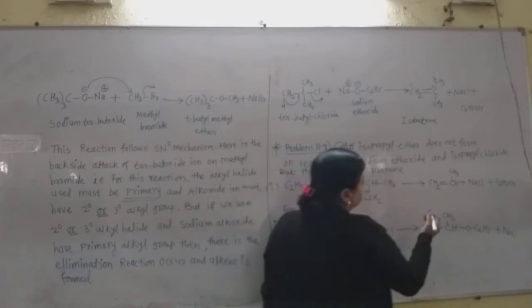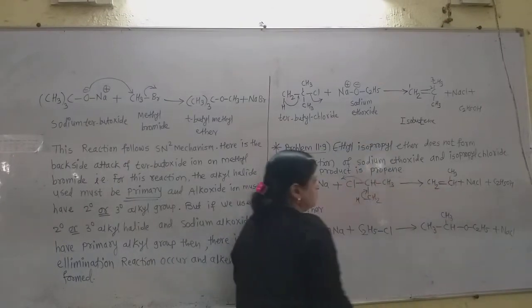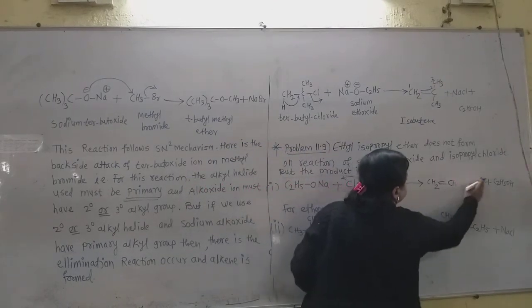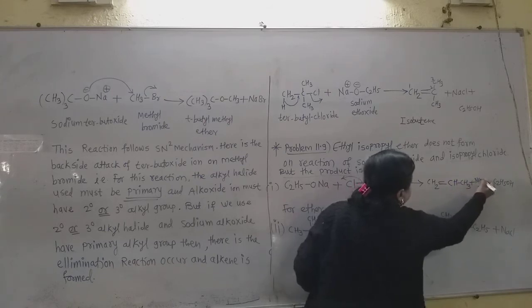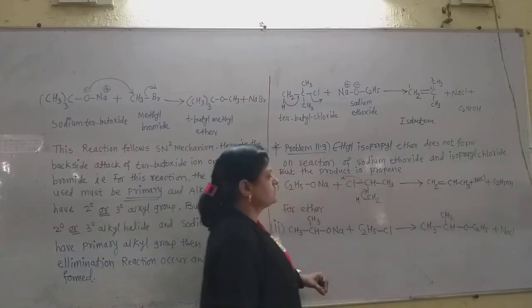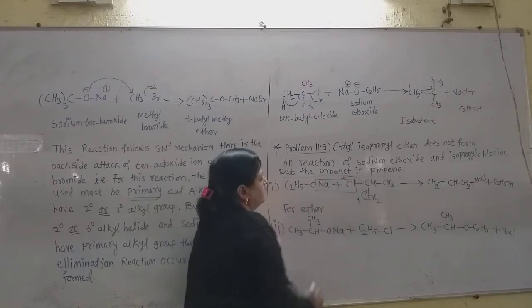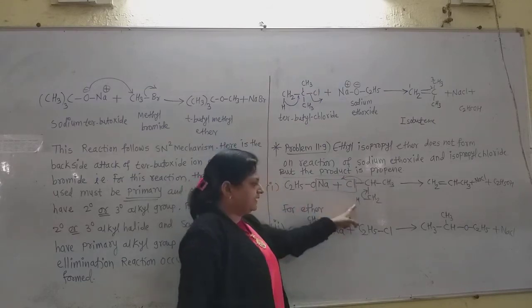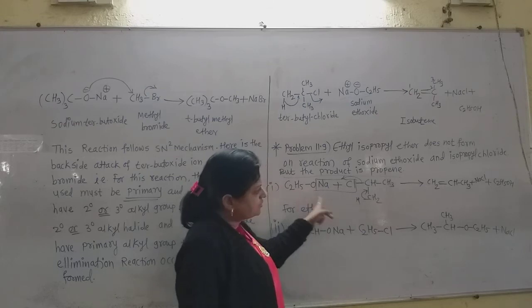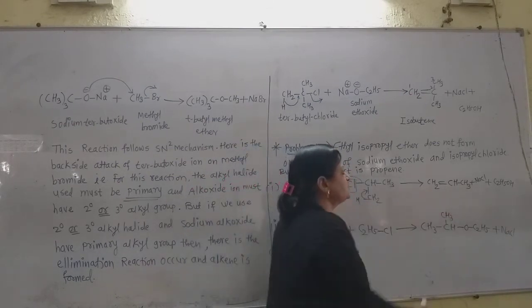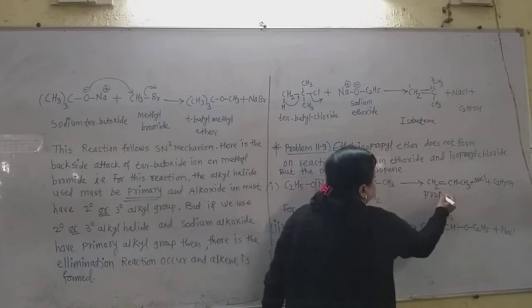It can be written in this way also: CH2 double bond CH3 plus NaCl. Now NaCl is formed and eliminated, and this O directly attracts this H, and there is formation of C2H5OH as the byproduct, and this is the propene alkene.